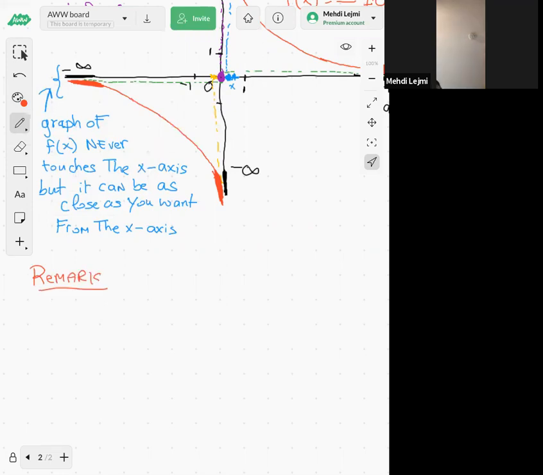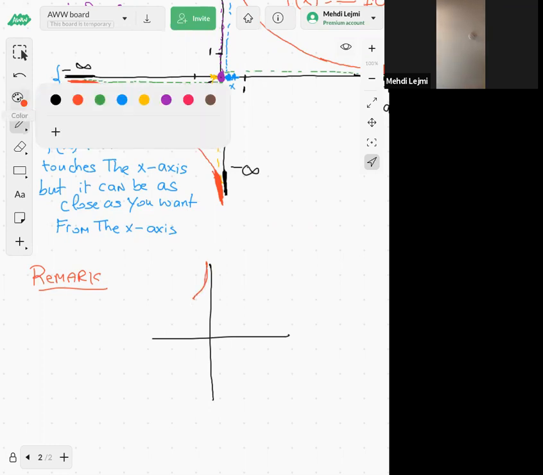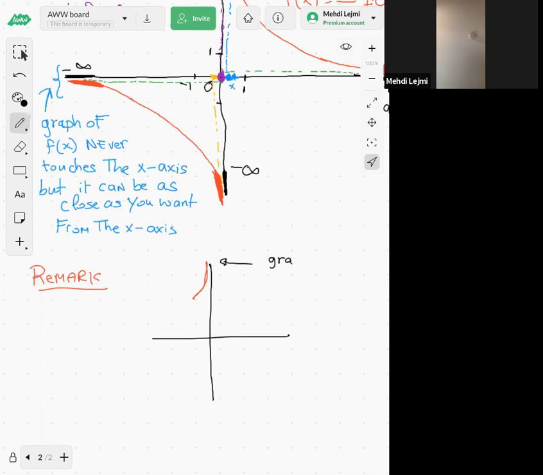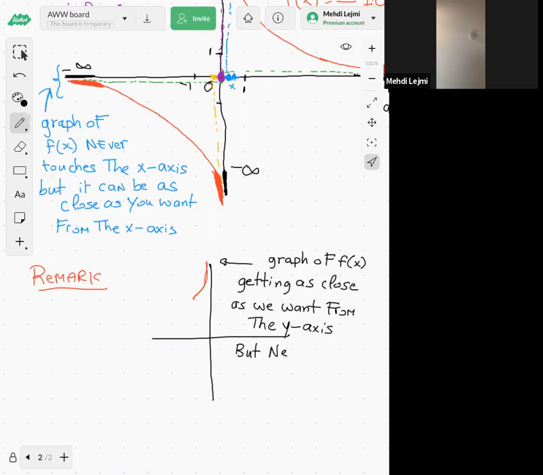When we are in the situation where we are getting very close to, so let's see here, we are in this situation where you see this graph here, the graph of f of x is getting as close as you want from the y-axis, but it never touches.